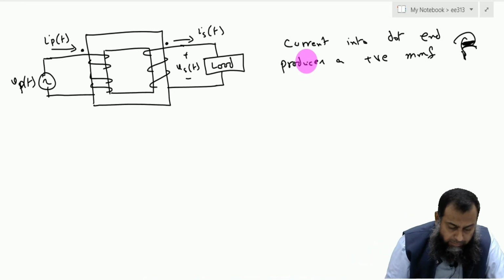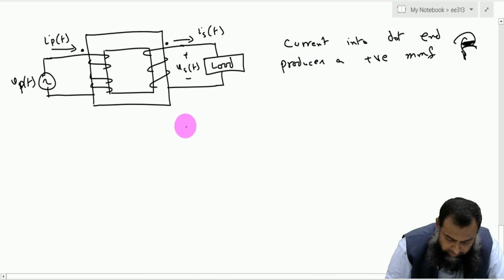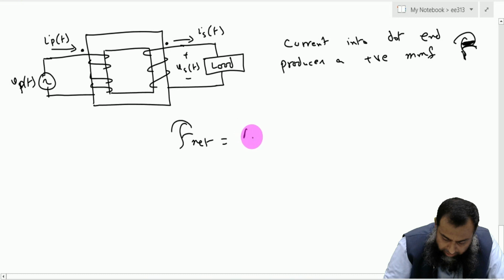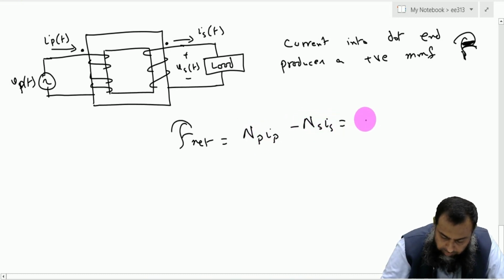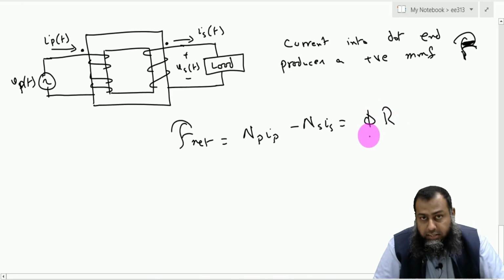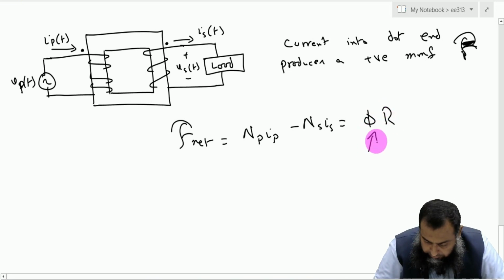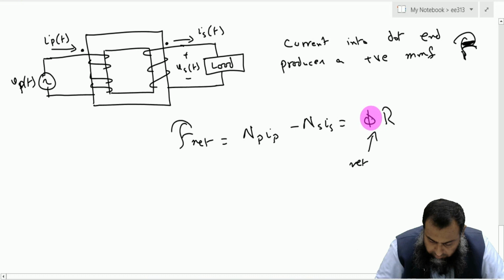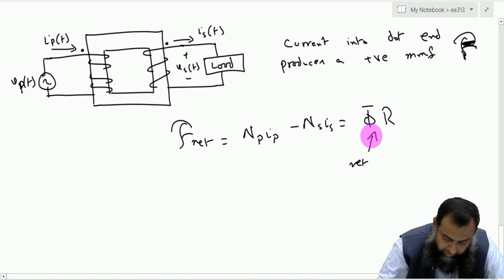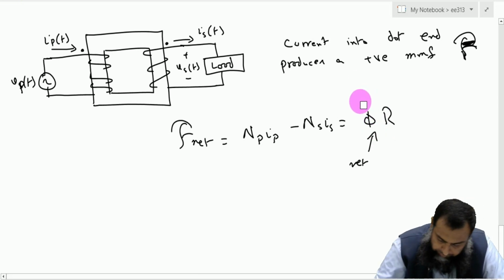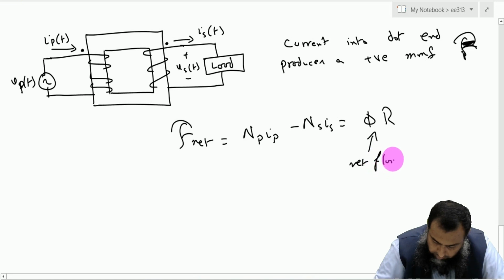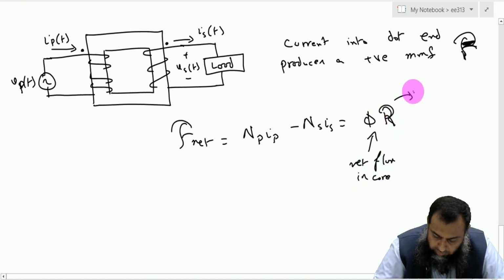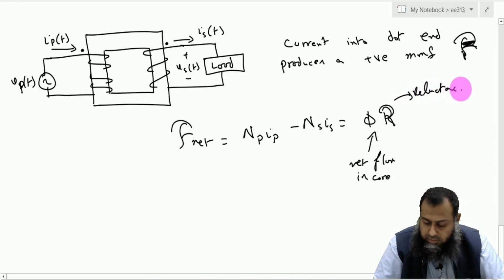So the net MMF in the core, which is this F net, that is equal to NPIP minus NSIS, and that is equal to the net flux in the core times R. This is the net flux, not the average flux, rather the net flux in the core, and this R is the reluctance of the core.